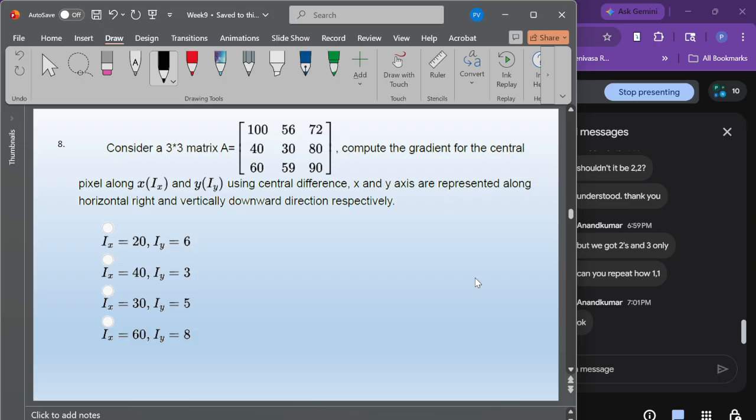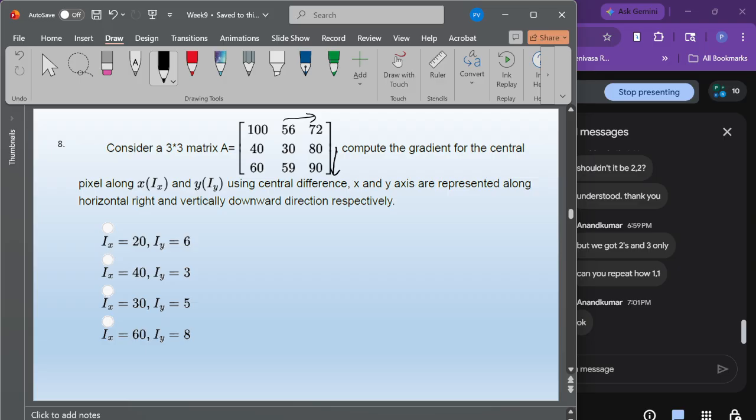The x and y axes are represented along the horizontal right and vertically downward direction respectively. So horizontally it is to the right and vertically it is downward.